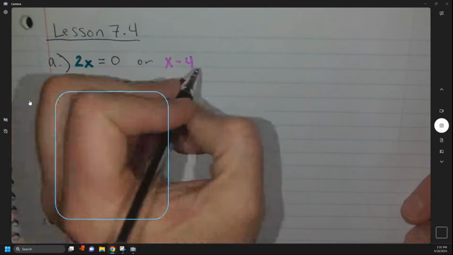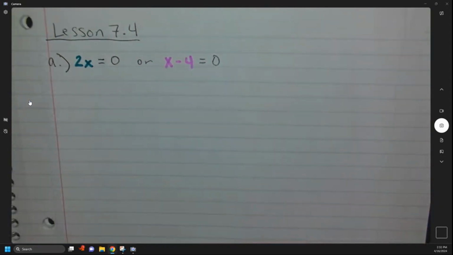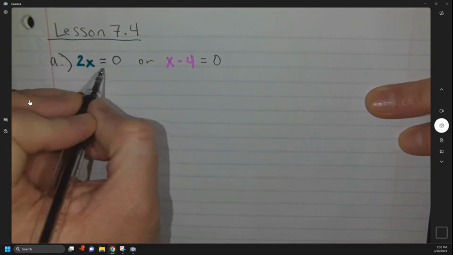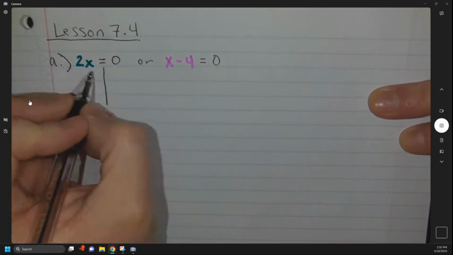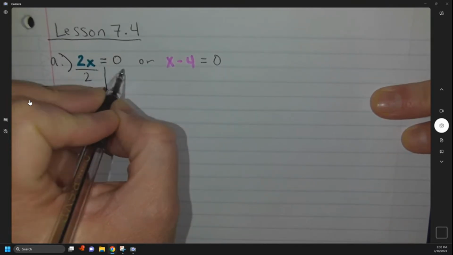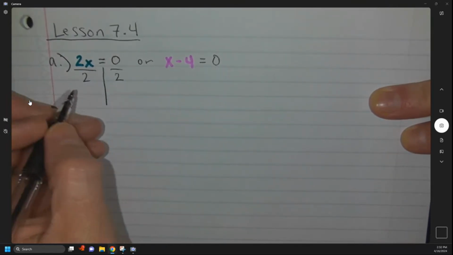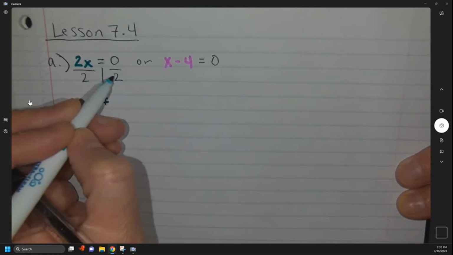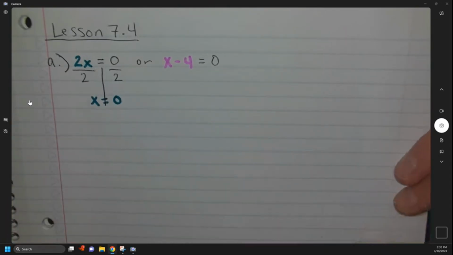We're also going to set that equal to 0, because we know one of these is supposed to equal 0, and then figure out what our solution is. So solving just like we did in our first chapter, we're going to divide both sides by 2. So we know that one possibility is that x is equal to 0 divided by 2, which is 0.